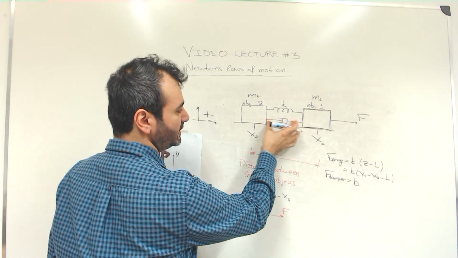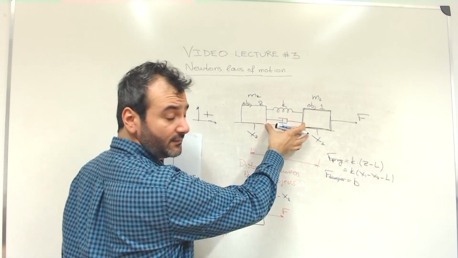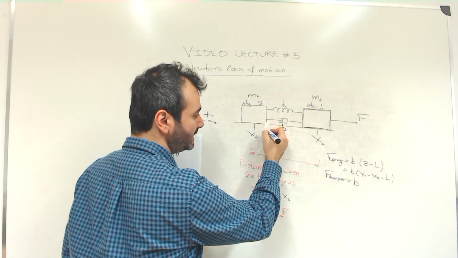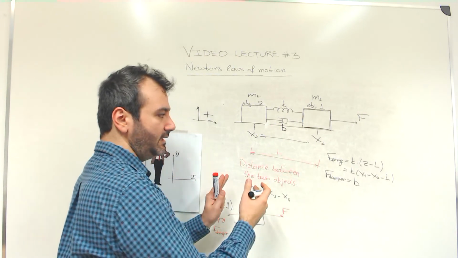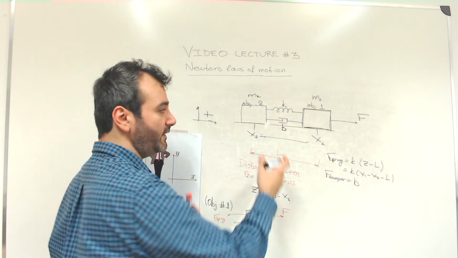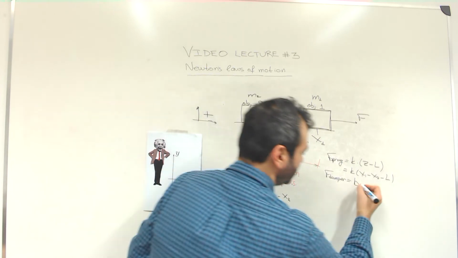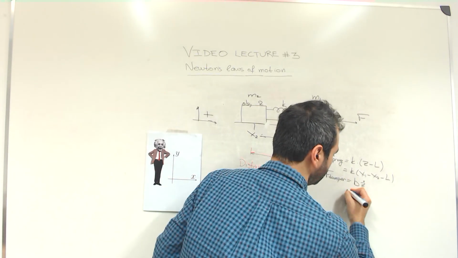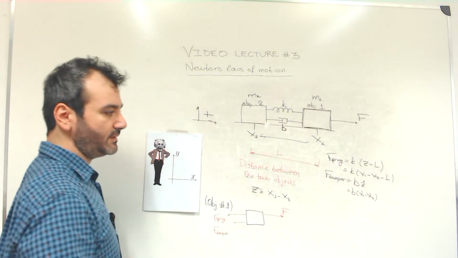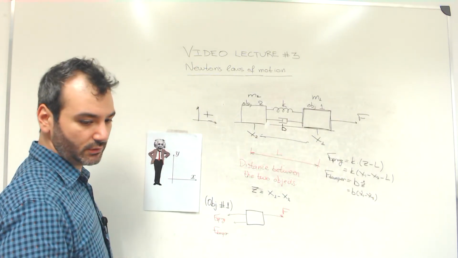The force of the damper is B times the velocity of that distance. As the distance increases and decreases, it defines a velocity, which is z dot. So it is B times x1 dot minus x2 dot.